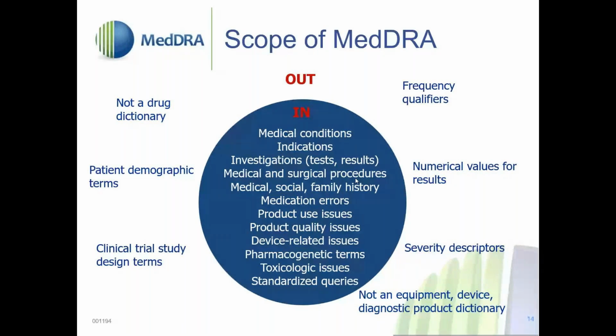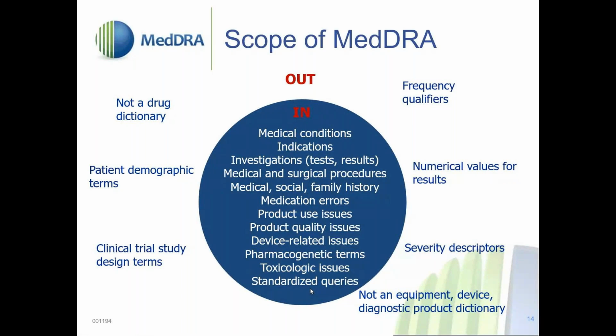It incorporates terms for medical conditions like diagnosis and clinical signs and symptoms, terms for indications for use, investigational tests and results, medical and surgical procedures, terms for the medical, social, and family history of patients, terms for medication errors and product use issues, terms for product quality and device-related issues, pharmacogenetic terms, as well as terms for toxicologic issues, and last but not least, the scope of MedDRA also includes the standardized MedDRA queries that are used for data retrieval purposes that I've just mentioned.